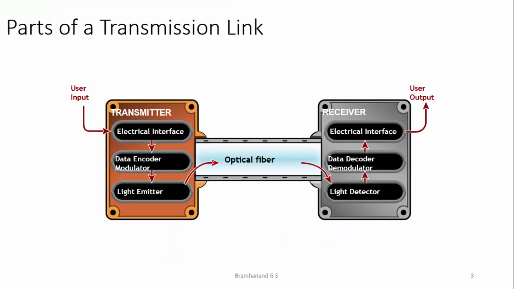The transmission link basically involves the transmitter, which will have an electrical interface, the data encoder, modulator, the light emitter, and similarly light detector, data decoder, and the electrical interface and receiver. Both are connected by optical fiber.